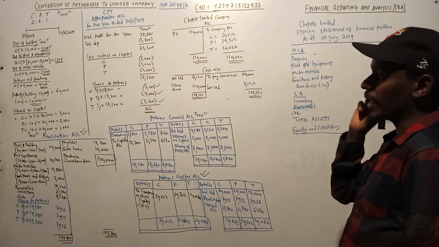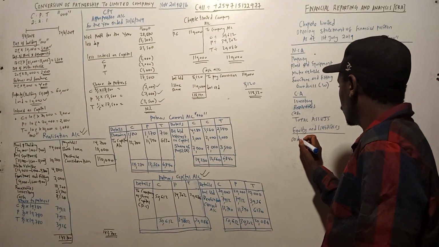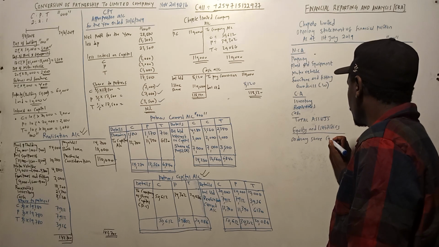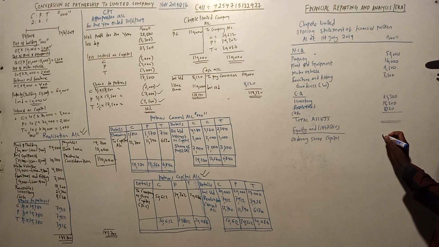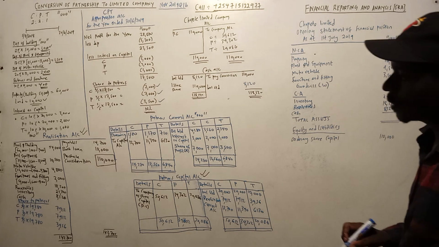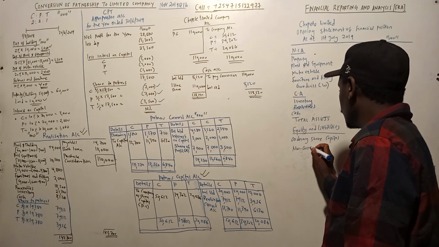So the first one, we had an issue of shares of 110,000. So that's the ordinary share capital. And it was already paid. They paid 110,000 to acquire those assets. Then we have non-current liability.